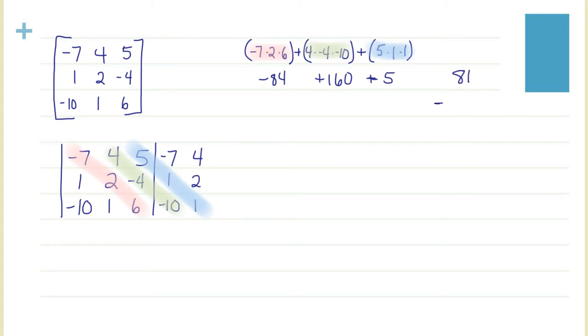And then I'm going to subtract what I get going the other way. So now I'm going to go back to my problem. I'm going to go from the bottom up, just like I did before. But I have to do 3 times.